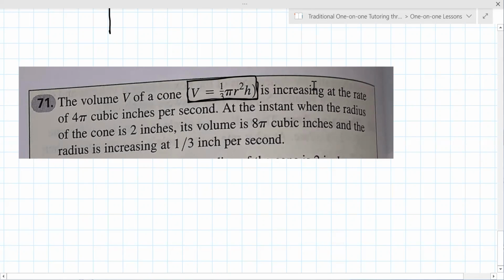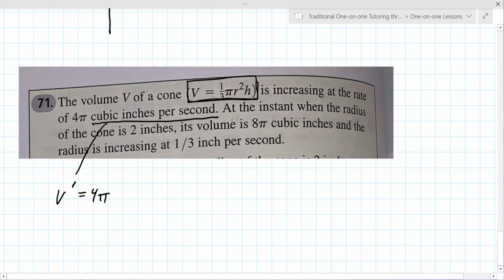The volume of a cone is increasing at the rate of 4 pi cubic inches per second. So the units tell you what this is. This right here is V prime, because cubic inches is V, and the per unit time is generally the rate. So V prime is 4 pi. You want to grab these quantities as you read it.